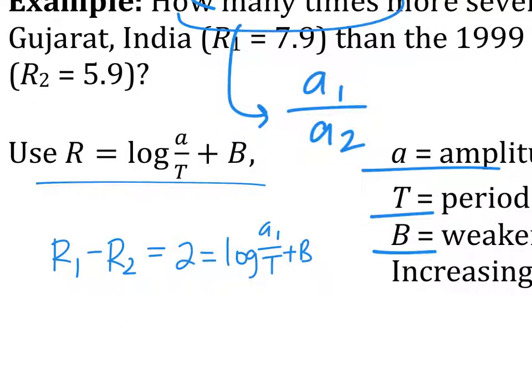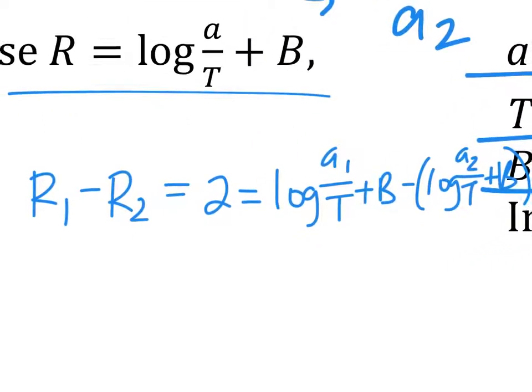I just replaced R1 with that equation. Except in that equation, I specify A1 because that's for the first place. Minus log of A2 over T plus B. Sorry, this is so messy.